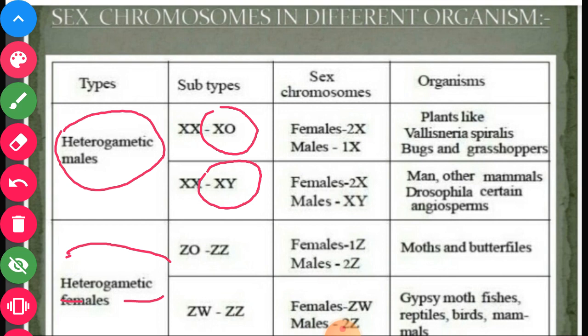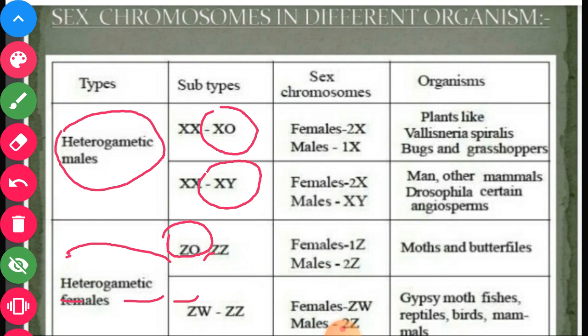And see here, ZW type or ZO type, here the female produce two types of gametes. So ZW type and ZO type gametes are produced by female.